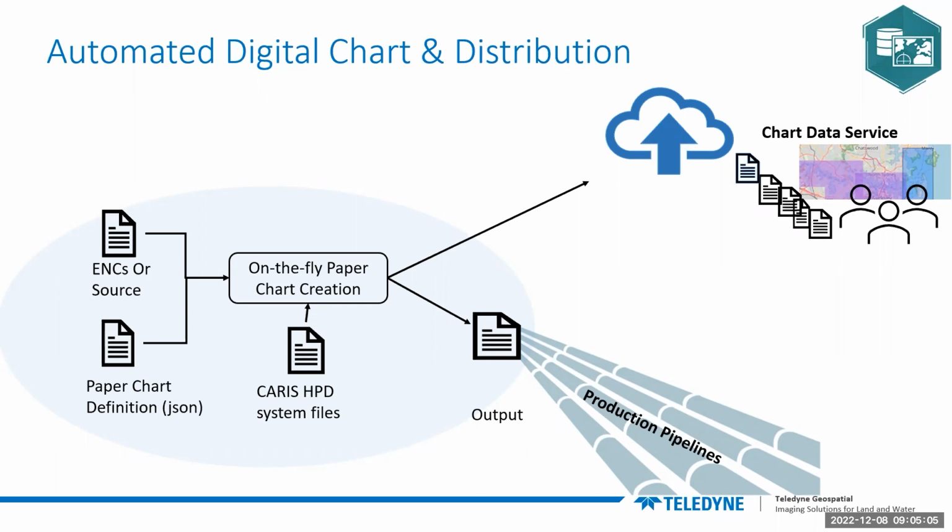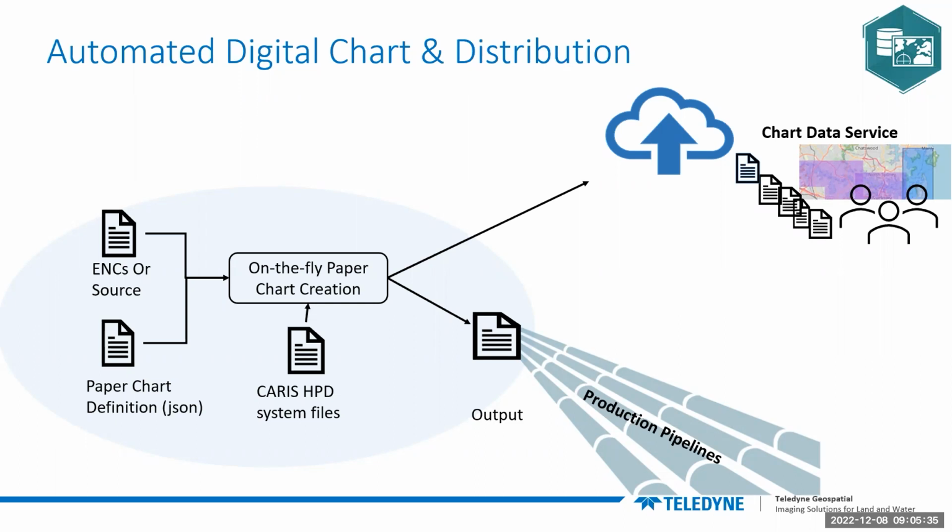So what we've been working on is within the realms of HPD, of course, many of you already have your production flows in HPD. So we already have the definition of the charts, we have their metadata, and we have all of its associated data. So from that, we can take those boundaries of those products and then start to use vector data to populate those products.